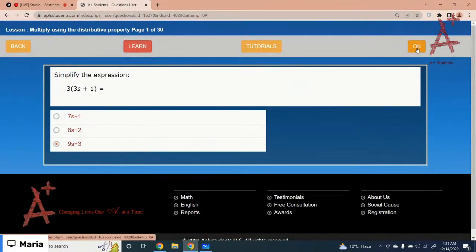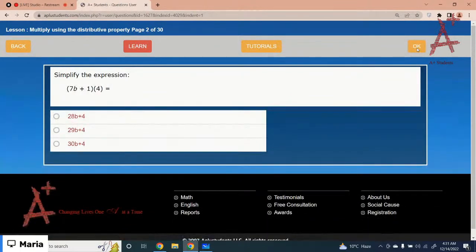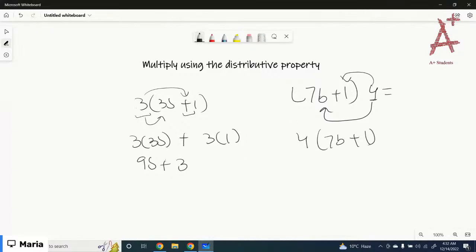Got it, everyone? No one is answering. Is there any problem? You have to do (7b plus 1) times 4. It doesn't matter if it is written like this or this, it has the same meaning.